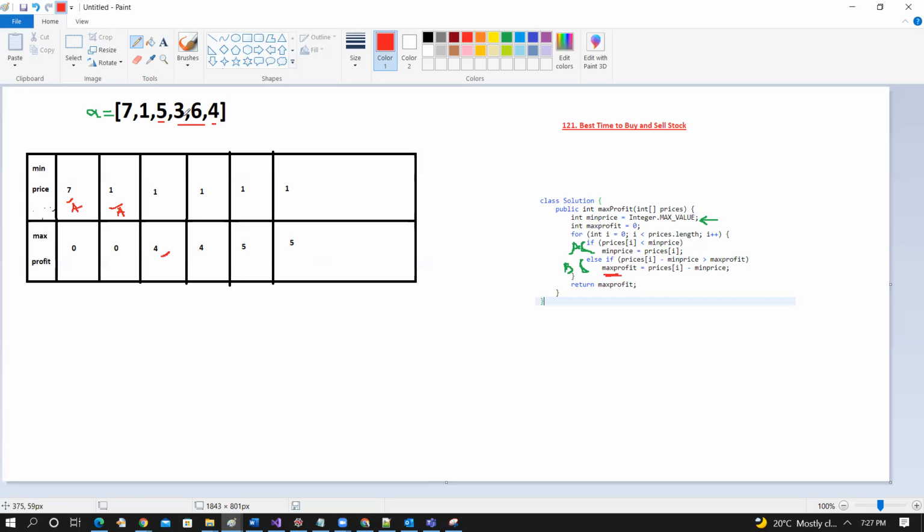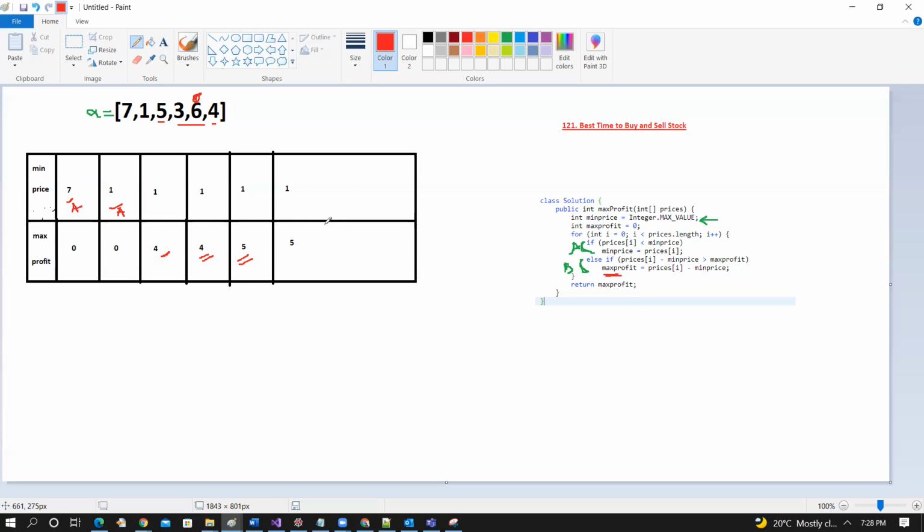In the next turn, the value is lesser: 3 minus 1 is 2, and 2 is lesser than 4, so there is no need to redefine max profit. Condition B's redefinition is not executed there. But at the next element, 6, the recalculation happens: 6 minus 1 is 5, and 5 is greater than 4, so we need a redefinition.